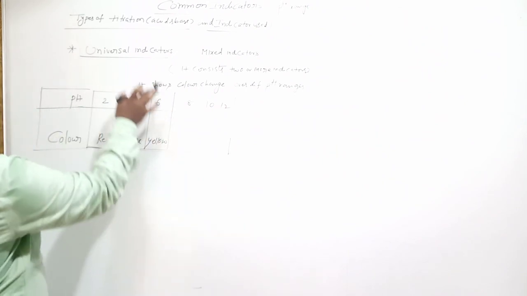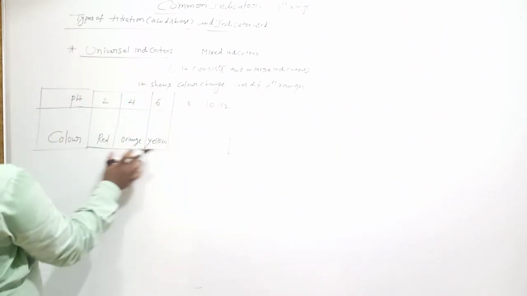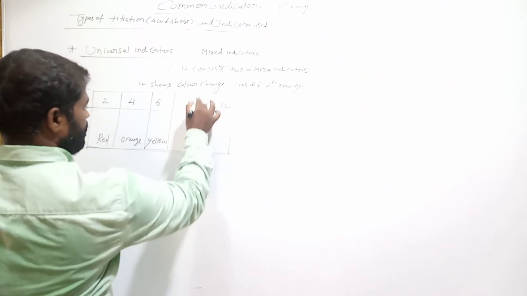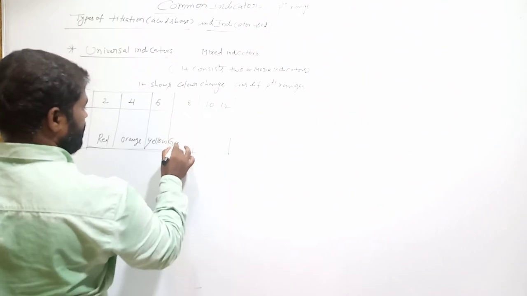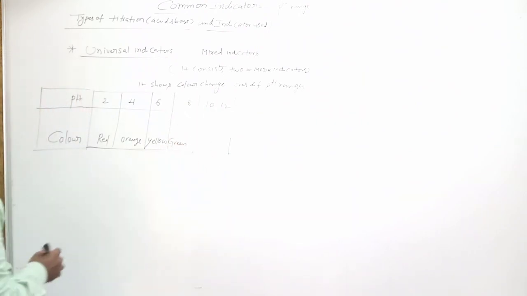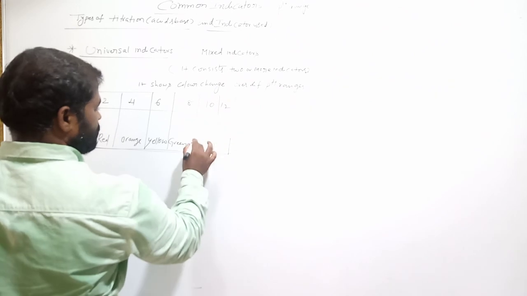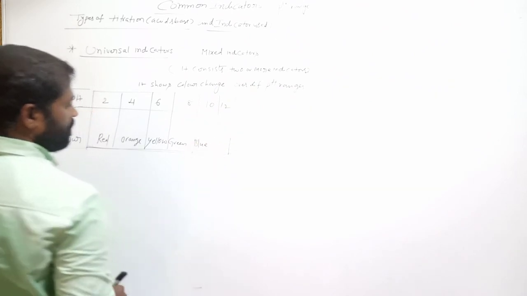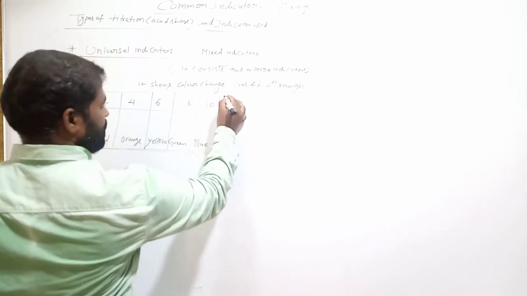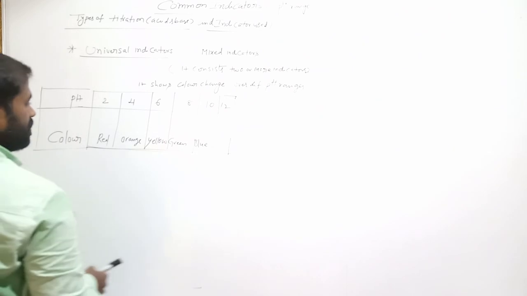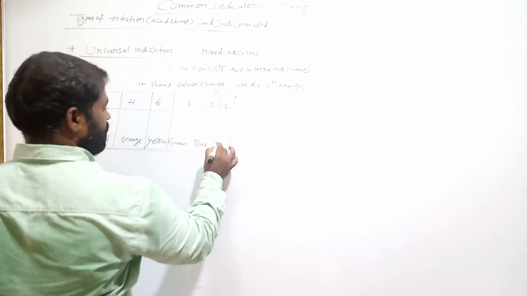At pH 6, the color of the universal indicator is yellow. Then green. At pH 10, it shows blue color. At pH 12, purple.